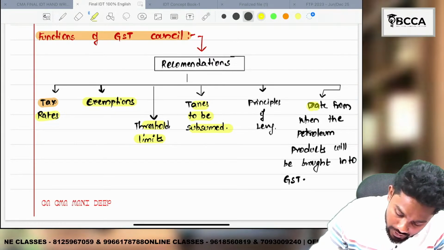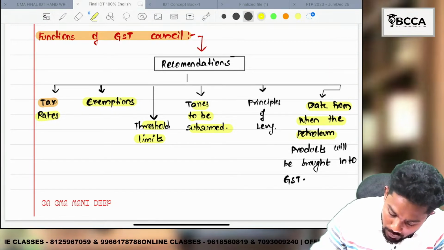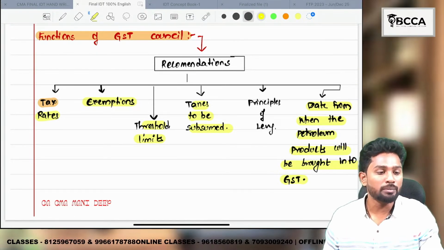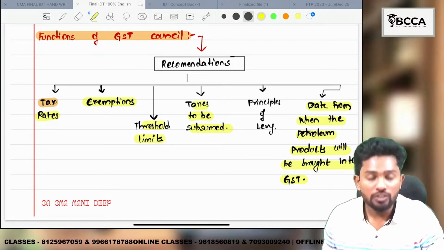So the date from when these petroleum products will be introduced into GST will also be given as recommendations by the council.